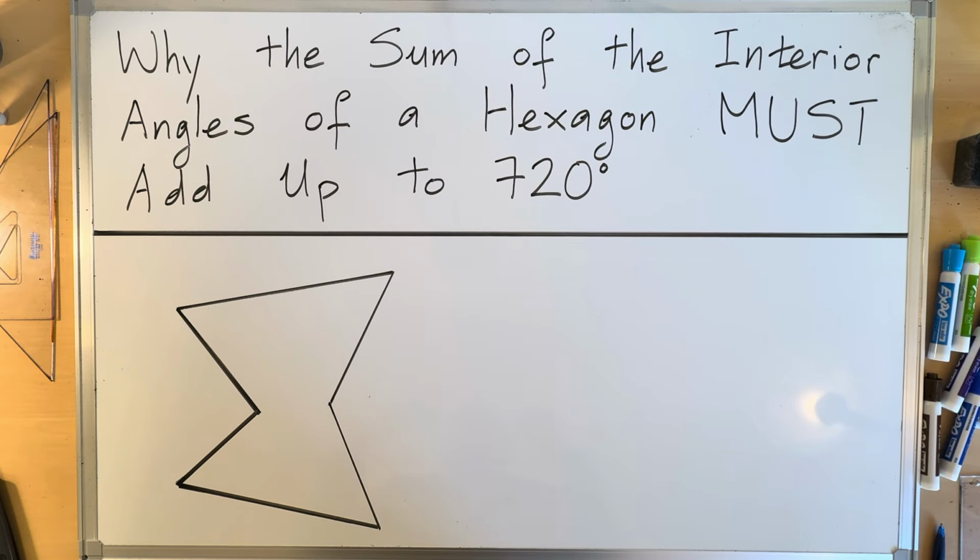Today, we will be discussing why the sum of the interior angles of a hexagon must add up to 720 degrees.